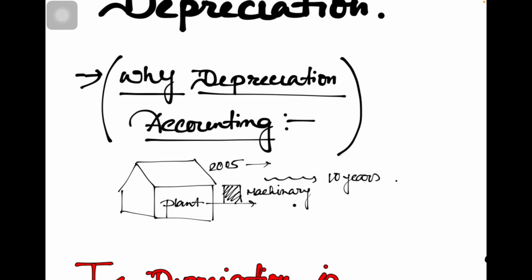So after 10 years, in the year 2015, if I want to sell that particular machine in the market, can I get the same price I purchased the machine for? Certainly not. What we find is that the price of the machine will decrease, fall down.